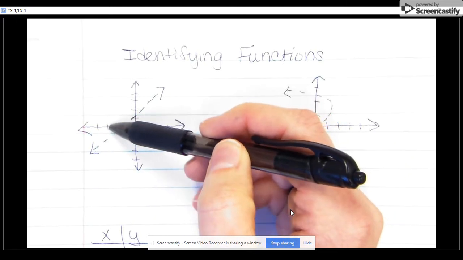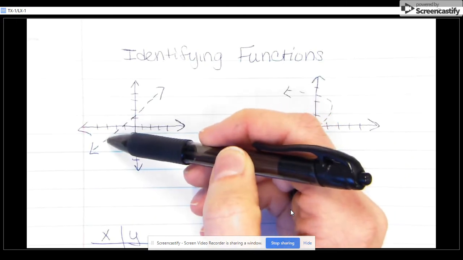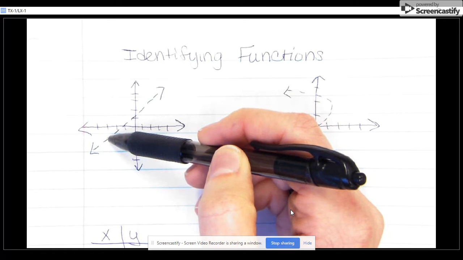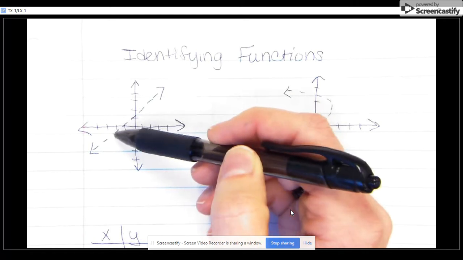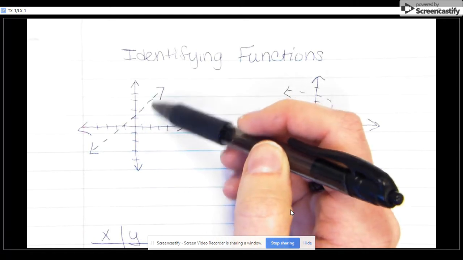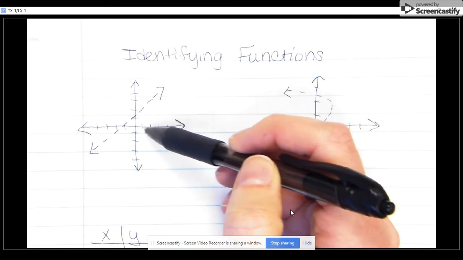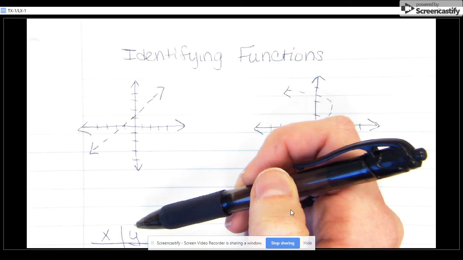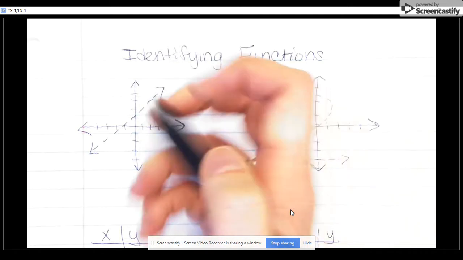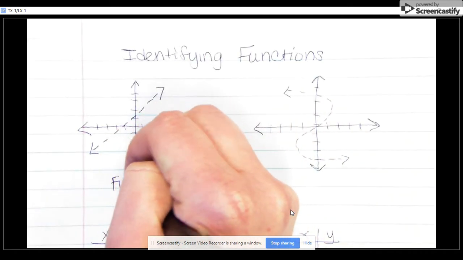Continuing on, this also doesn't have any other y values but this point right here. And continuing on, all of these points within this line, so all these x values, only have one y value with it. So this is a function.